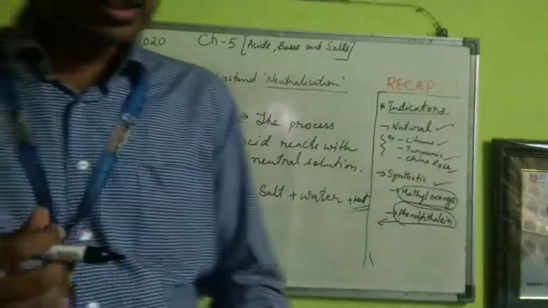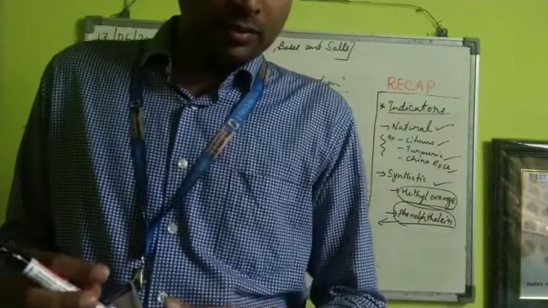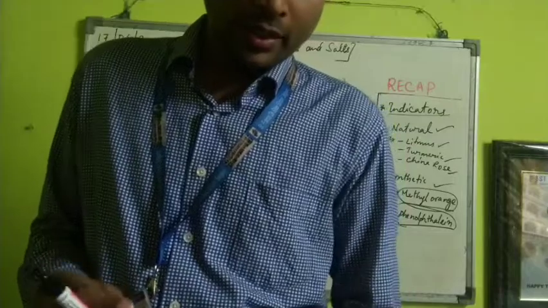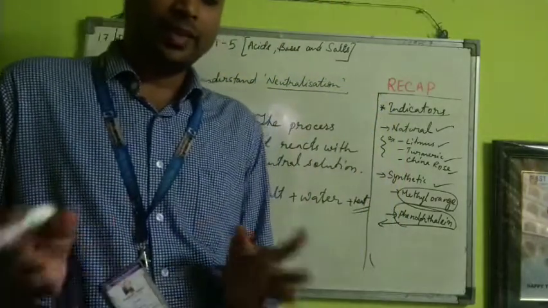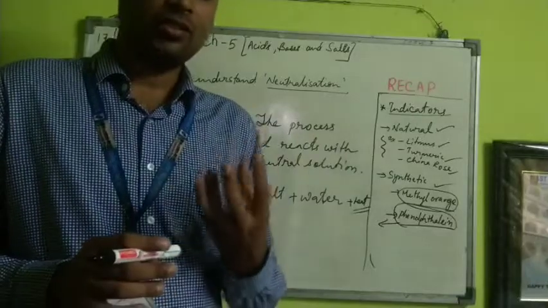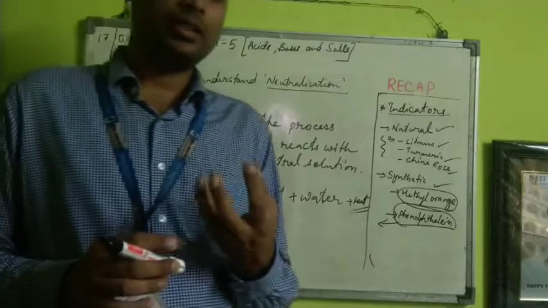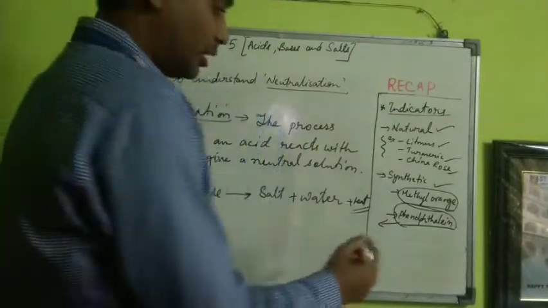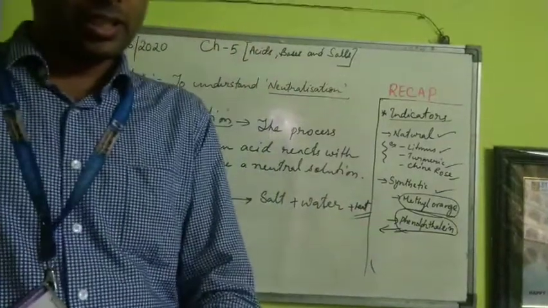So this is activity 5.5, and here it is written about the neutralization process. When an acid and base are mixed together, the solution which is formed is a neutral solution. So how can we know whether the solution has been neutralized or not? For that we are going to use phenolphthalein, the indicator mentioned in your book.